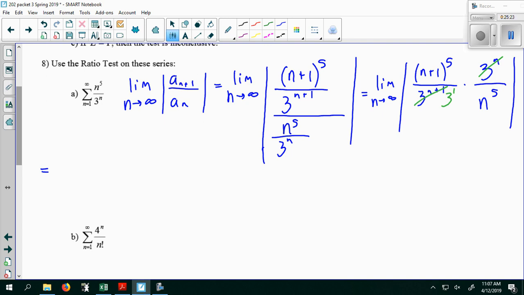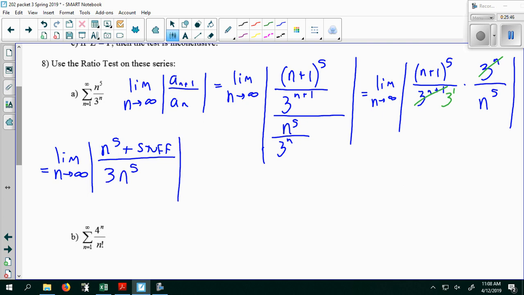And then there's going to be some lower order terms. So let me write this. As n goes to infinity, my numerator is going to be n to the fifth plus a bunch of other stuff. Maybe some n to the fourth, some n cubed. I don't really care what they are, so I'm just going to write stuff there. And then my denominator has a 3 n to the fifth.